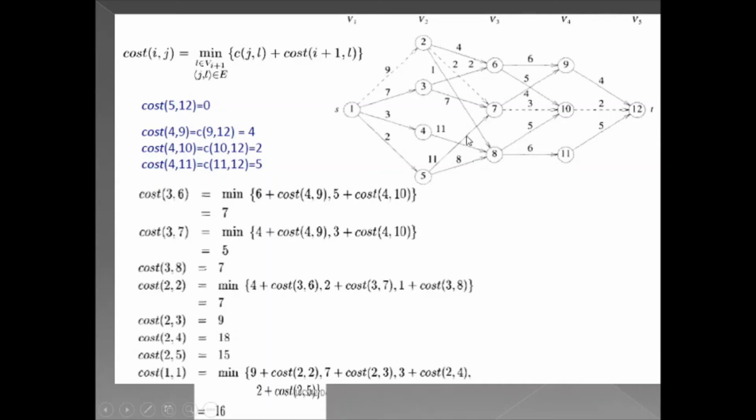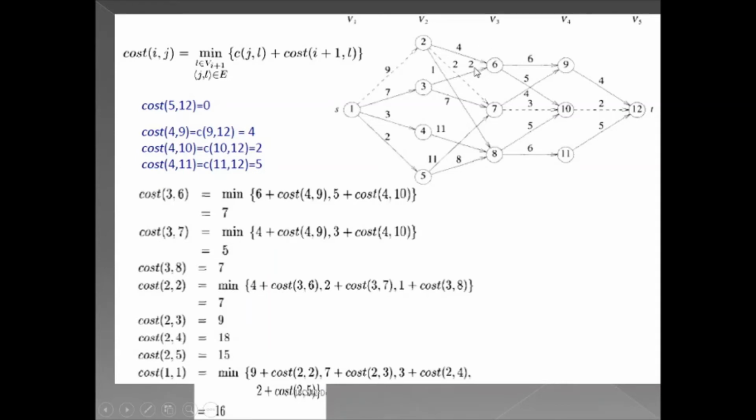If you have three outgoing edges, you have to find the minimum among them. We'll take an example of 2, which is present in the second stage. Here the first outgoing edge has a weight 4 and is connecting to the sixth vertex.